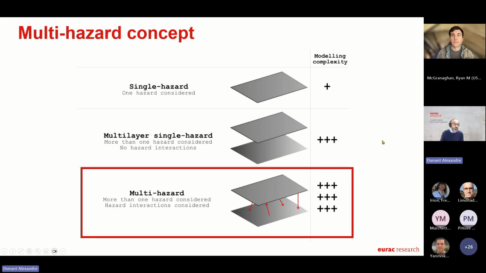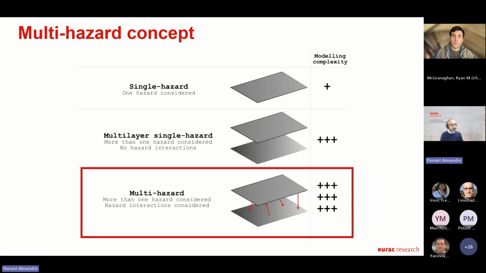So there are different definitions for multi-hazard, I think, and it's still not clear what the terminology is, I believe. But what we know is that we are moving away from a single hazard, where one hazard is considered for the risk assessment.